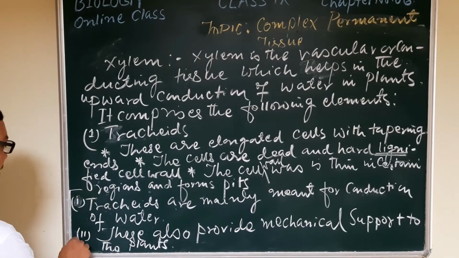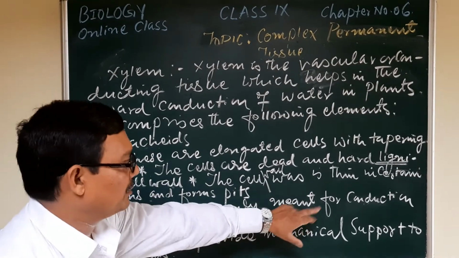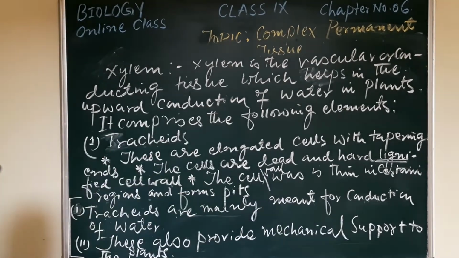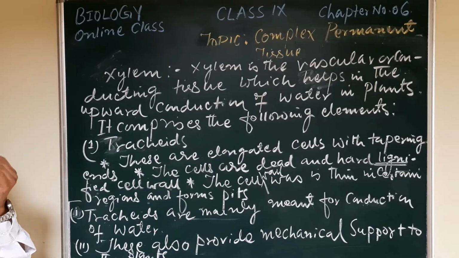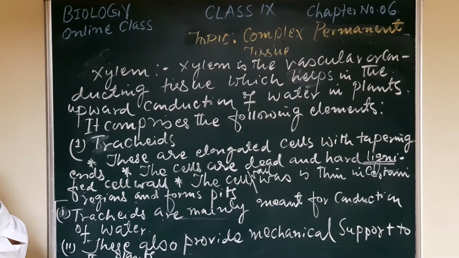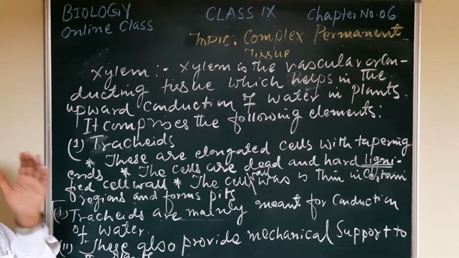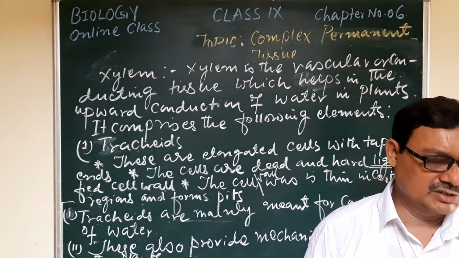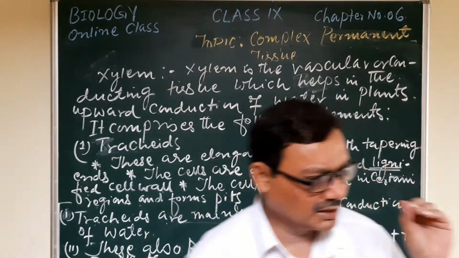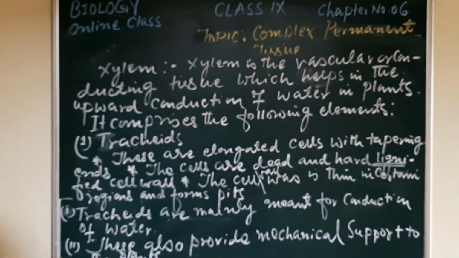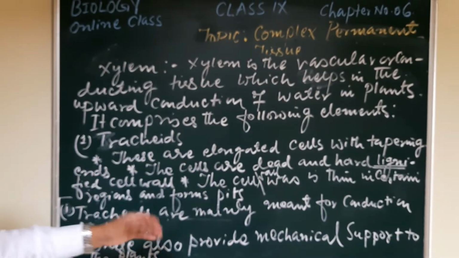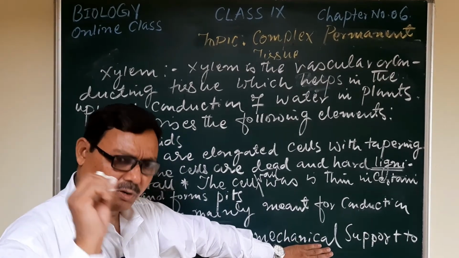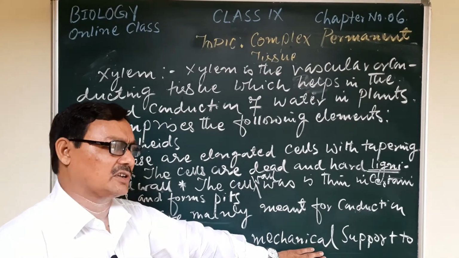What are the important functions of tracheids? Here are the two important functions. Tracheids are mainly meant for conduction of water. They also provide mechanical support to the plant. It is a common, basic feature of plant tissue that if the tissue is composed of dead cells, they can do the function of mechanical support, besides any specific function.